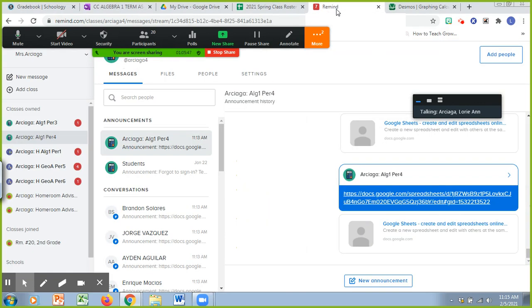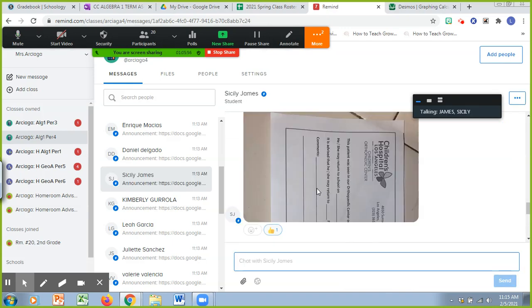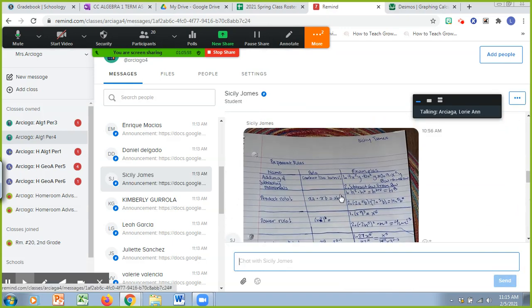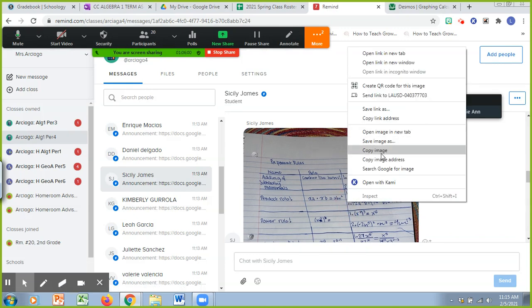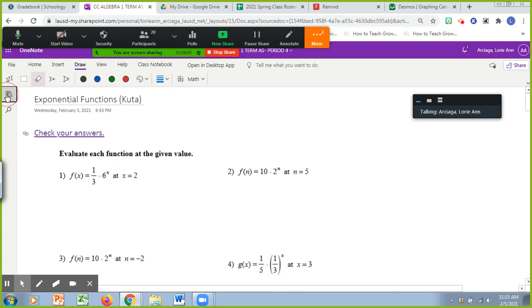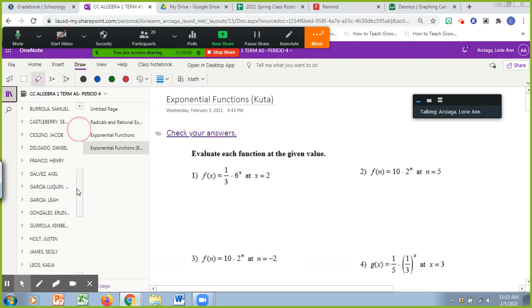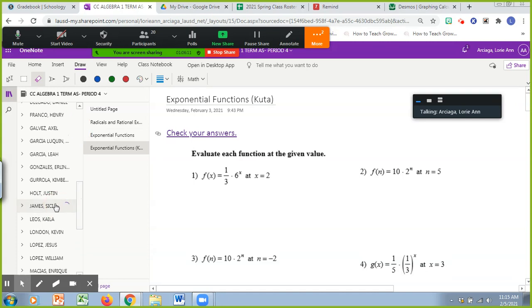I will. Can you send it to me via Remind? I think I did that last time you sent me, right? When you send this to me, I can easily copy it into your OneNote. Forgive me if sometimes I forget, but you can see how many messages I got on Remind.